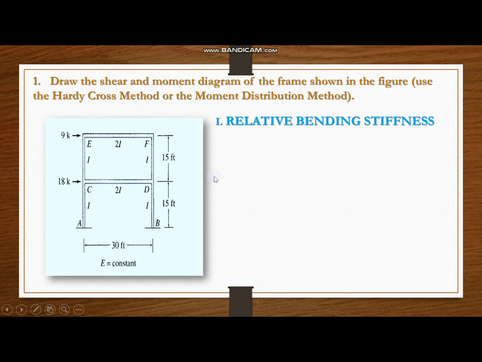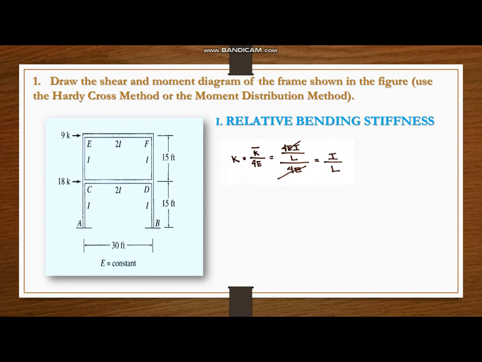First, let's talk about relative bending stiffness. This is our formula for stiffness. When the modulus of elasticity for all members of a structure is the same, for example our E is constant, it is usually convenient to work with the relative bending stiffness of members in the analysis.